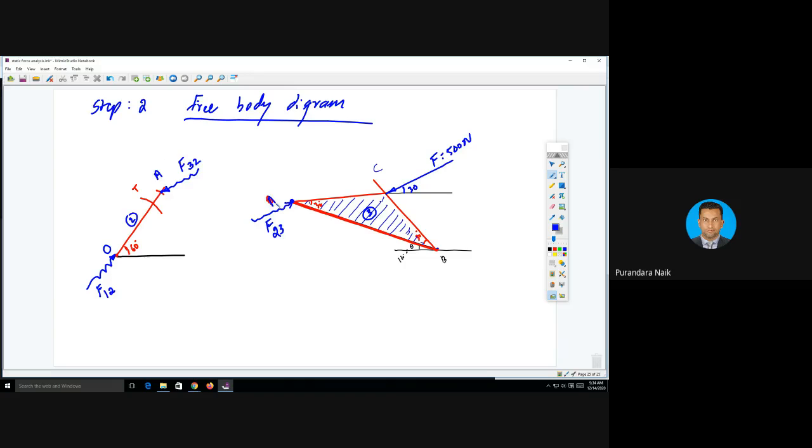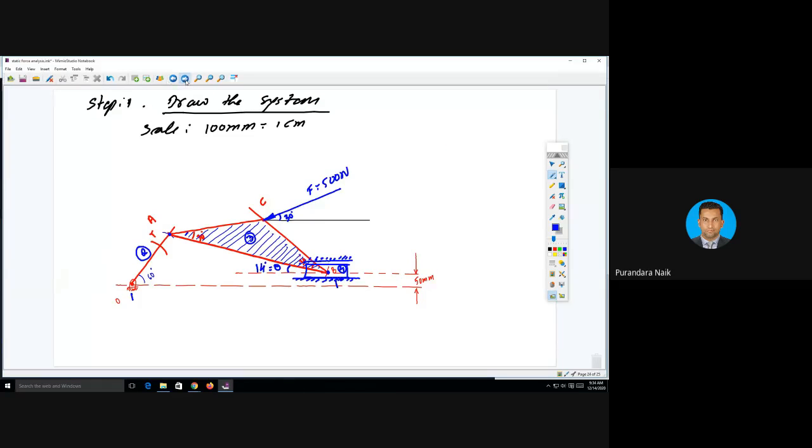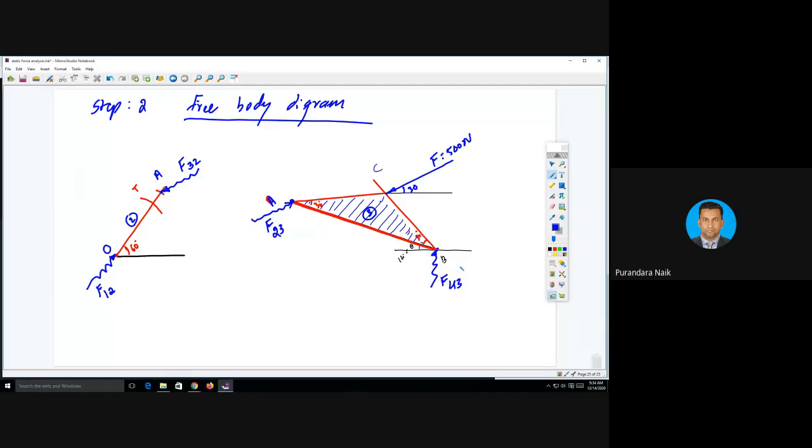Okay, this is A and this is B. So at this point, we have one more force that is unknown, F43, the force by link number 4 on link number 3, because point B is connected to link number 4. So how many forces are there? 3 forces. One is known both in direction as well as magnitude, but the remaining 2 are unknown.